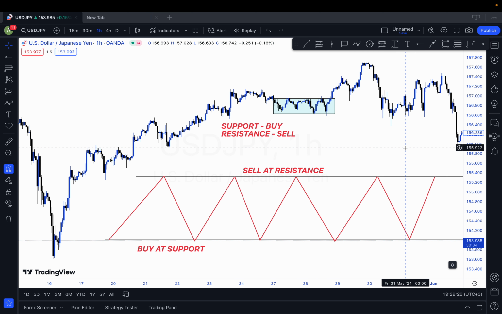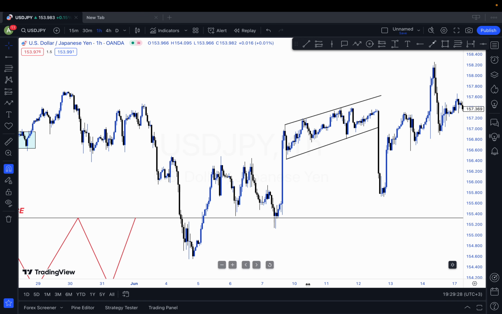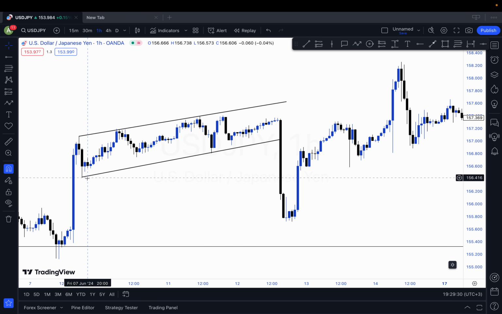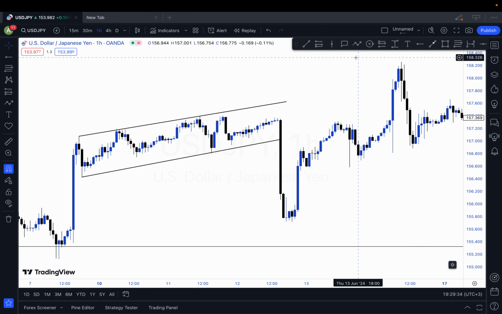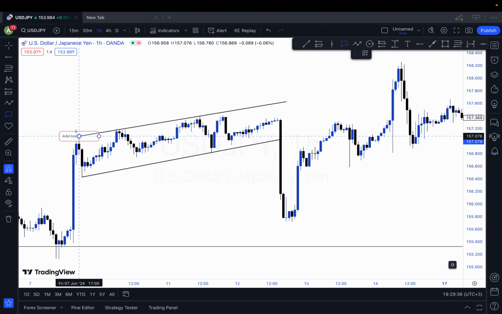So let's check one example that I can have here. Can we see we bought here? So let's say resistance created. Let me label this out. Resistance created. Okay. Support created as well.